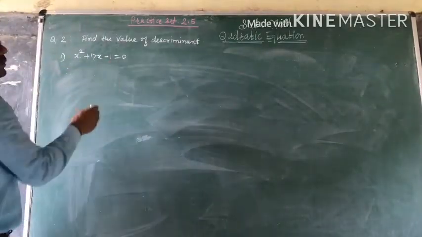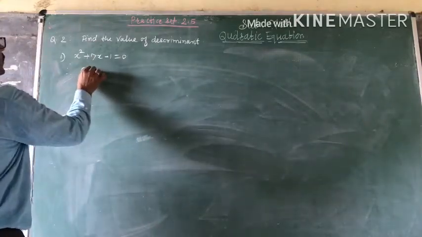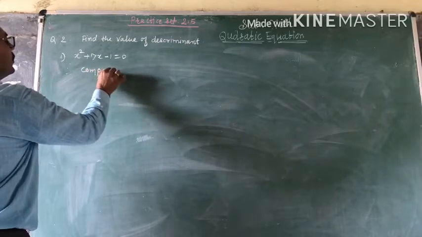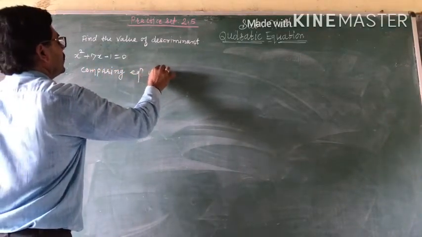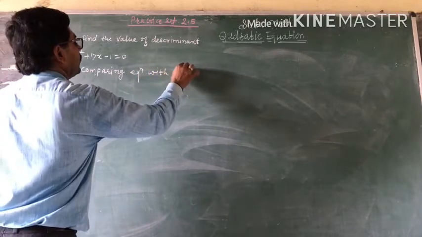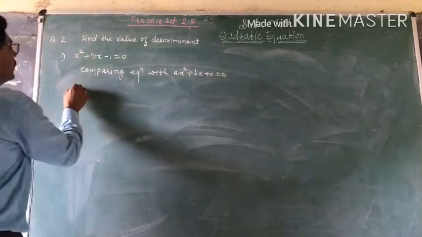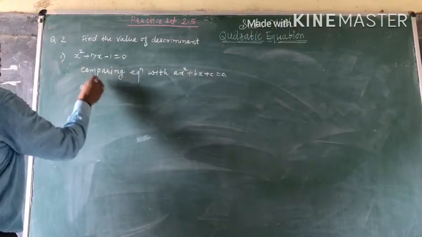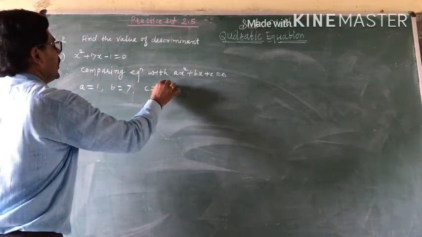Comparing the equation with x square plus bx plus c is equal to 0, here the value of a is equal to 1, b is equal to 7, and c is equal to minus 1.